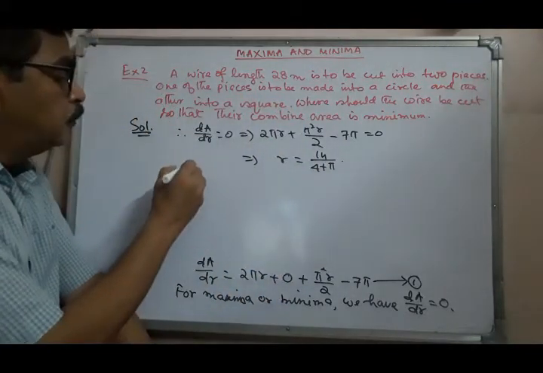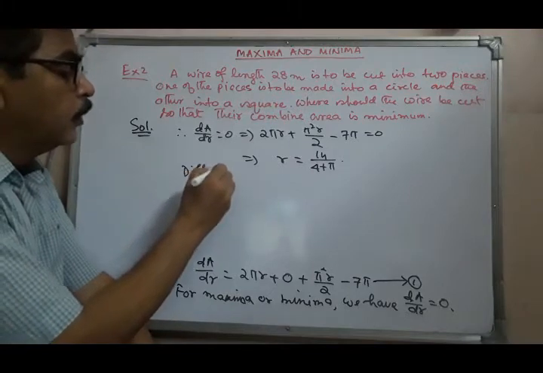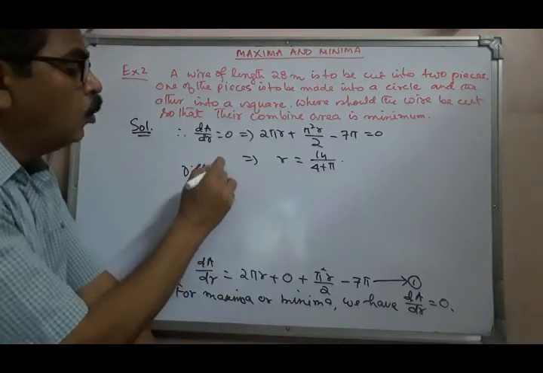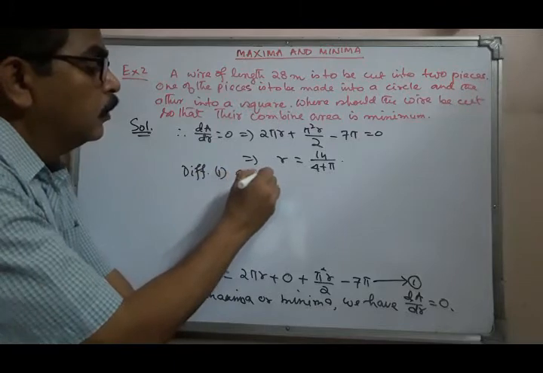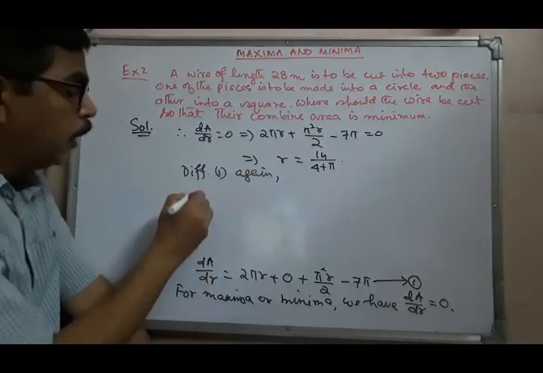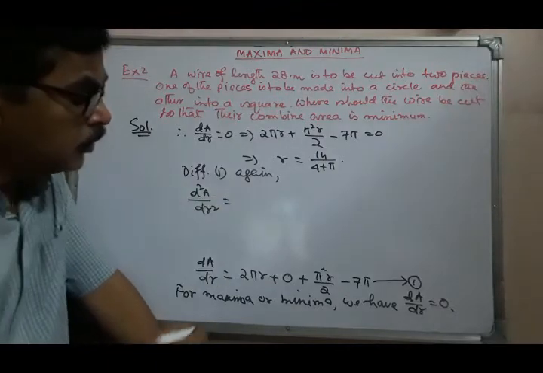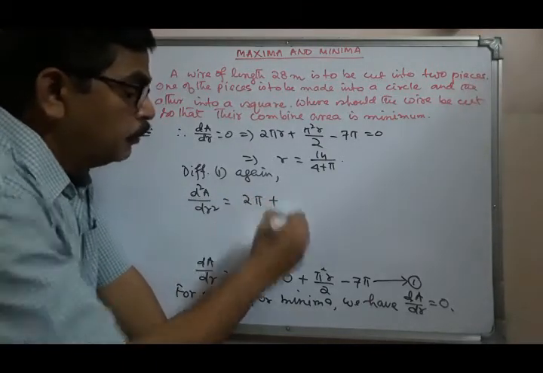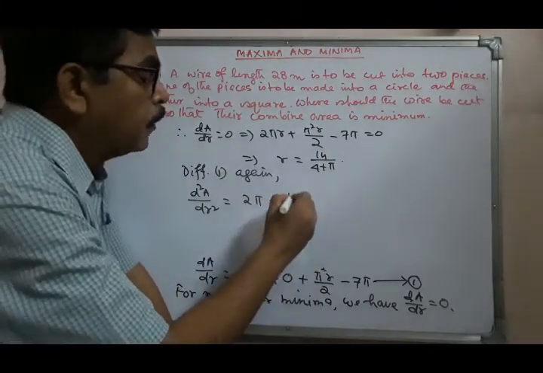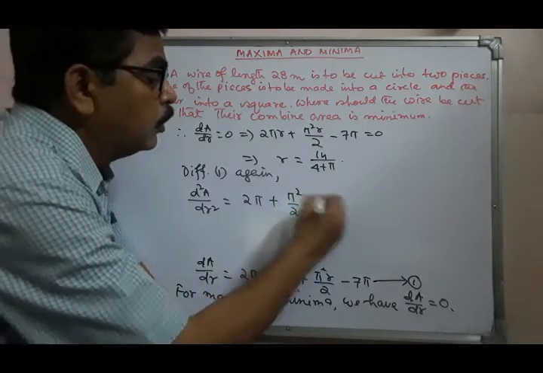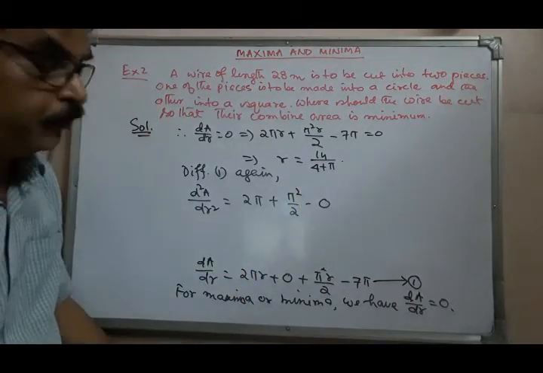Now differentiating 1 again. So what will we get? d square A by dr square is equal to 2 pi plus pi square by 2 minus 0.